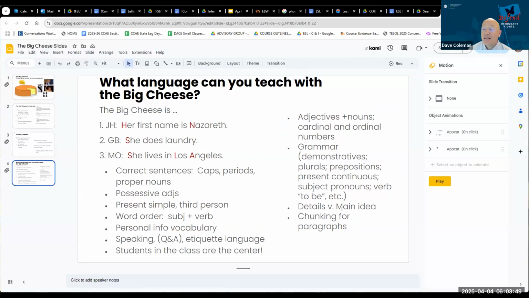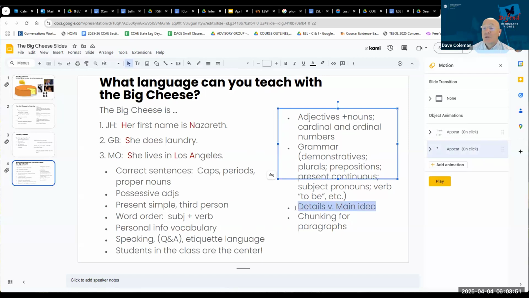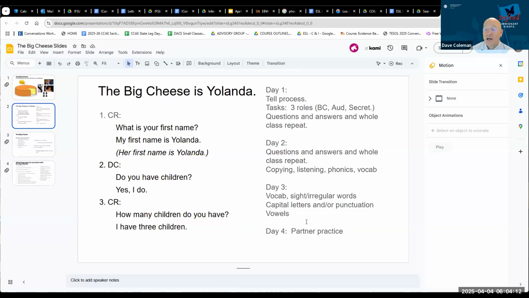As you get more and more into it, you could do details and main idea. But the main thing is really this stuff right here. You know, articles, demonstratives, plurals. You know what I mean? Whatever your students need to learn as you're walking around watching them doing other activities, that's going to be your mini lesson.